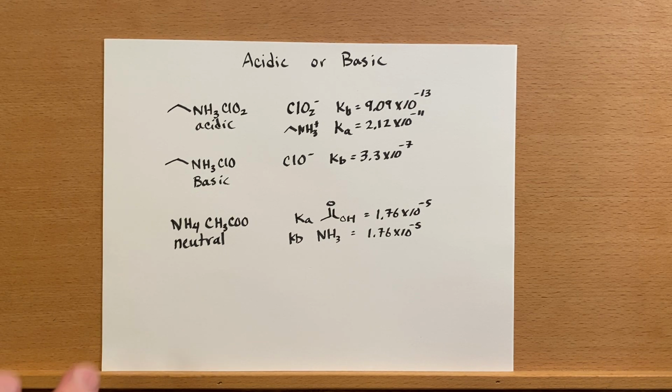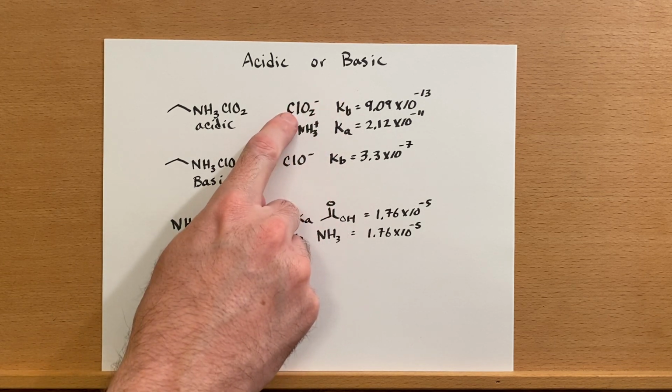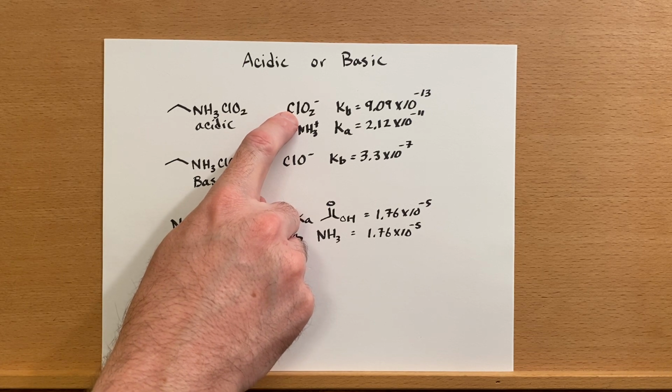So, this is how to determine whether a substance is acidic or basic if both of the ions have acid-base properties. Simply compare the Ka and Kb values of the respective ions. Make sure that you're comparing the Ka of the acid to the Kb of the base forms.